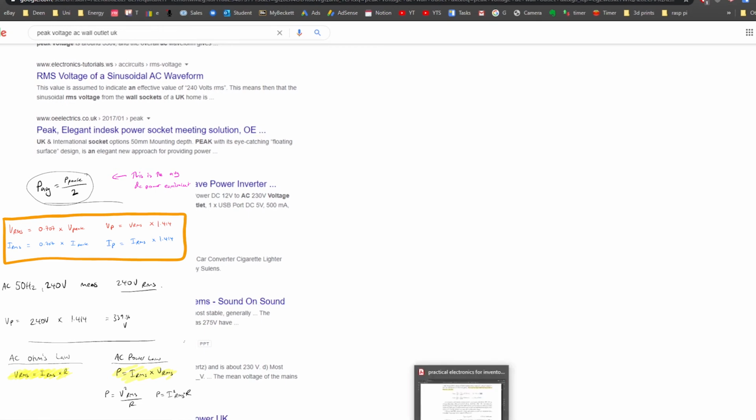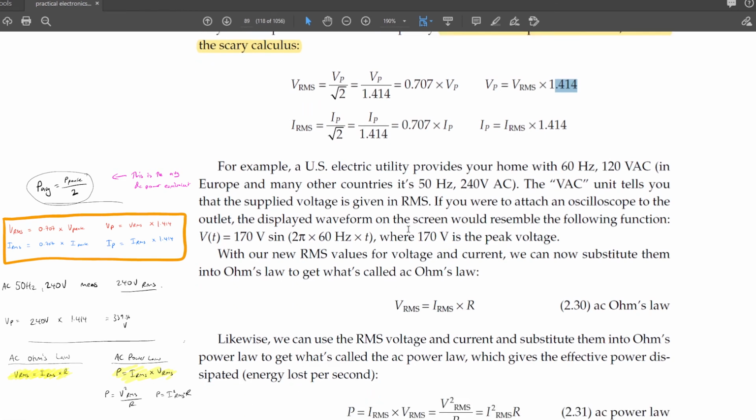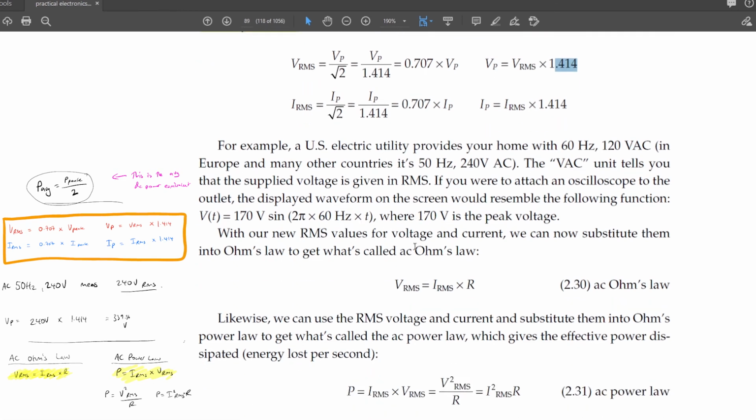Okay, feel confident with that. So with our new RMS values for voltage and current, we can now substitute them into Ohm's law to get what is called AC Ohm's law. Interesting. So that is voltage RMS is equal to, oh yeah, just basically Ohm's law.